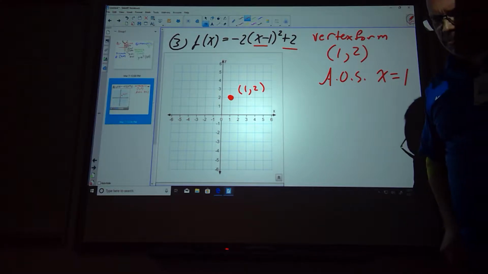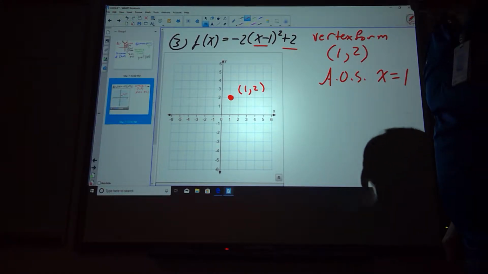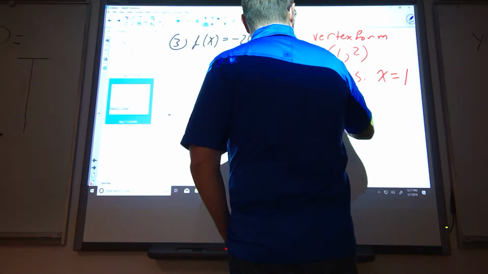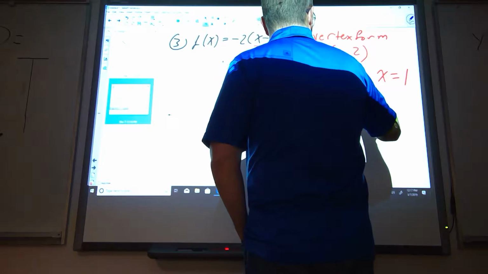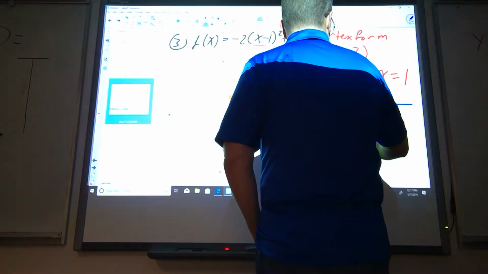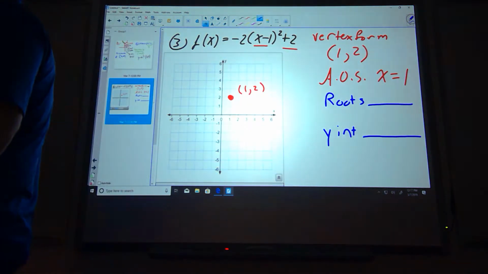Okay. And then I don't know if I have any roots yet, and I don't know if the y-intercept is yet. So we're going to hold off on roots for right now. And then y-intercept we're going to hold off on as well. Maybe my pattern graphing will show it.